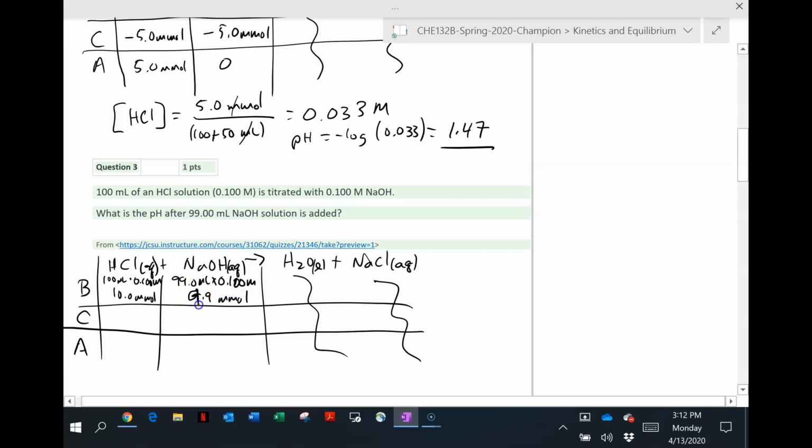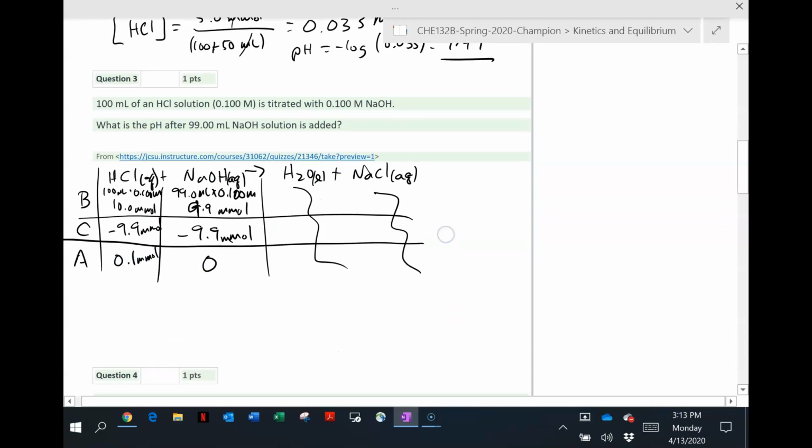So the limiting reactant is NaOH still. There's 9.9 millimoles of that reacts. So 9.9 millimoles of HCl react, which leaves me 0.1 millimole of HCl. And now we've got 199 milliliters. So our HCl concentration is going to be 0.1 millimole over 199 milliliters, adding those two volumes together.